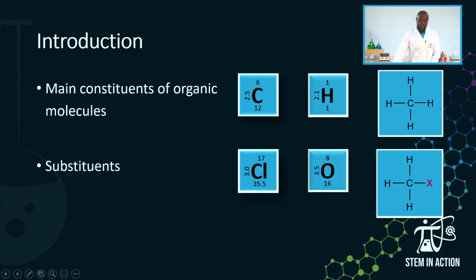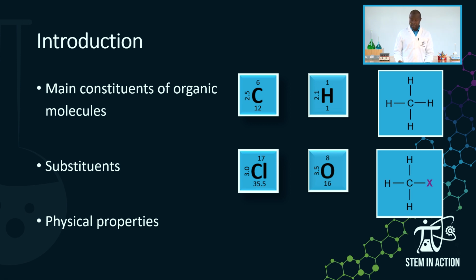If you compare with the first compound, the methane compound, we have replaced this hydrogen, represented by an X, where the X will represent either chlorine or oxygen or any other substituent atom. But also note that the X can represent not just a single atom, it can also represent a group of atoms. So if you look at these compounds, we can come up with the physical properties of organic compounds.